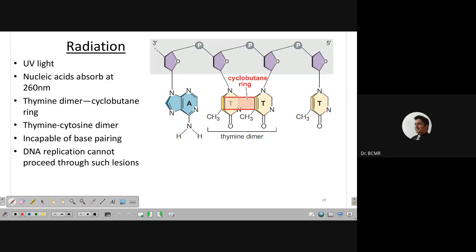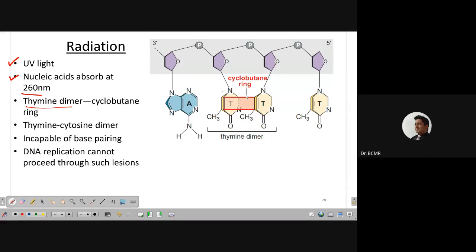Coming to this, we are all continuously exposed to UV radiation, and that can cause a lot of problems. We already read about this, that nucleic acids absorb maximum at 260 nanometers. And if you're exposed to UV light for a long duration, we might end up with a cyclobutane ring formation between thymine dimers. You can also call it thymine dimers.